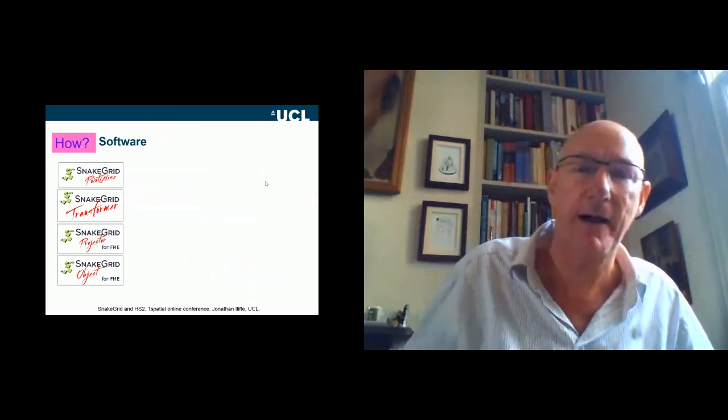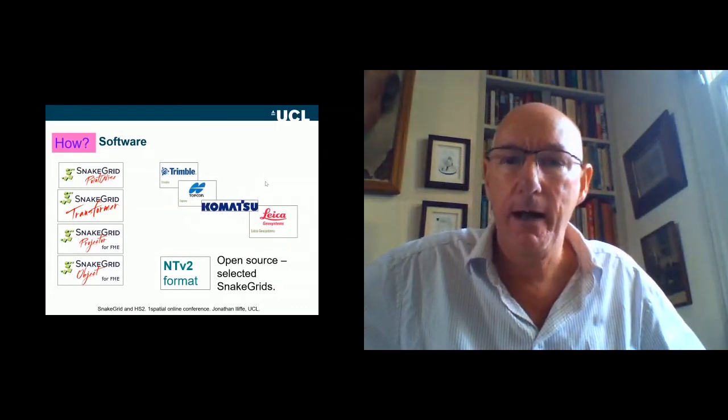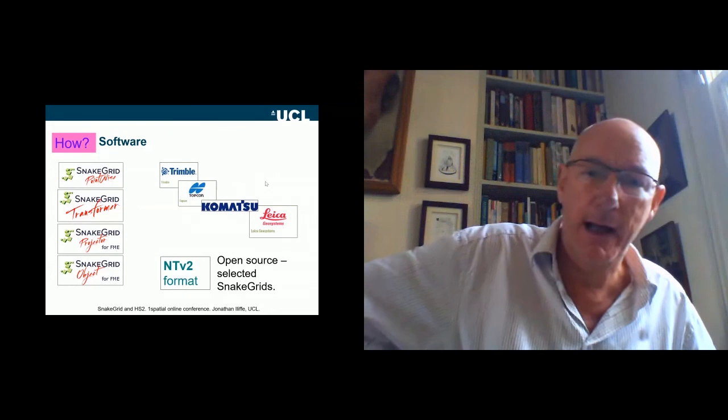Some of these other manufacturers have it or its equivalent embedded within their systems, and also within the context of HS2, there's an open source format based on the NTV2 format, which has been implemented for SnakeGrid, and that's another way of implementing it.